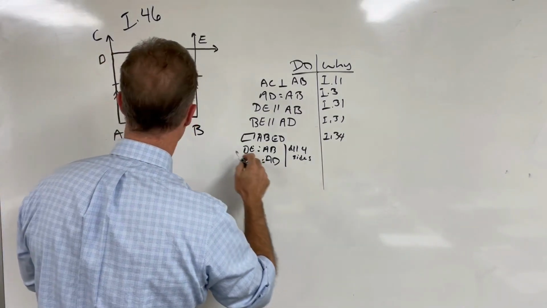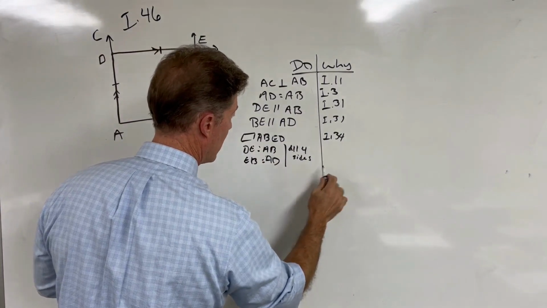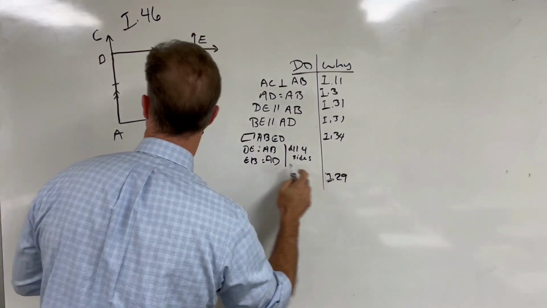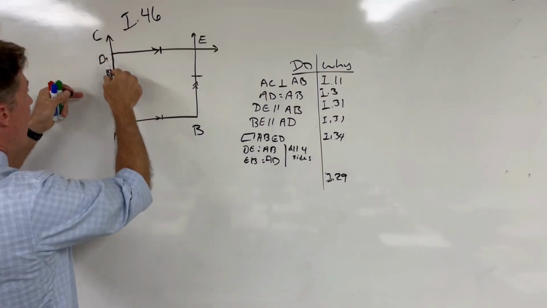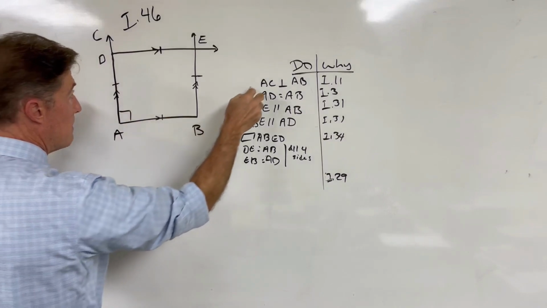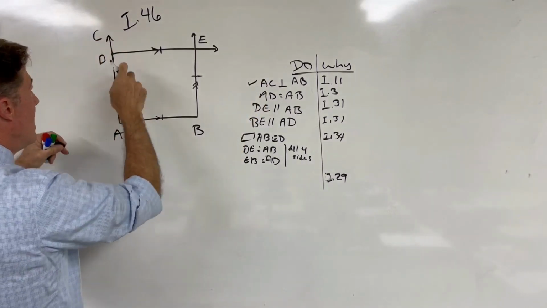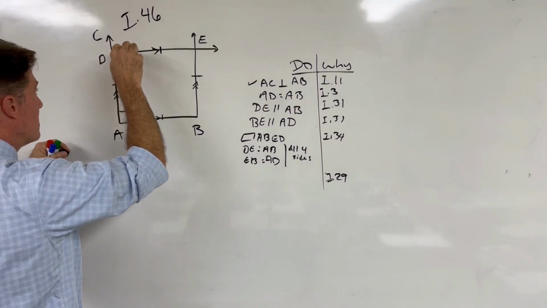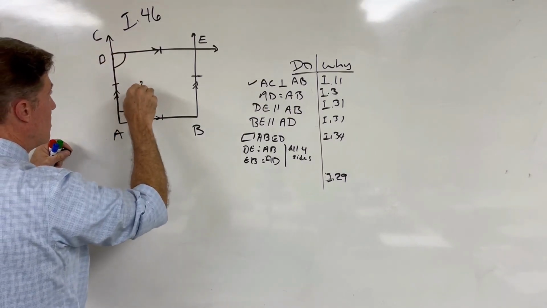So now we're going to look at our parallelogram, and using Prop 29, we see that we have two parallel lines and a line falling on them. We know that this was already made perpendicular. So we have two parallel lines with the line falling on them. It makes the same side interior angles equal to two right angles. So this angle plus this angle equal two right angles.